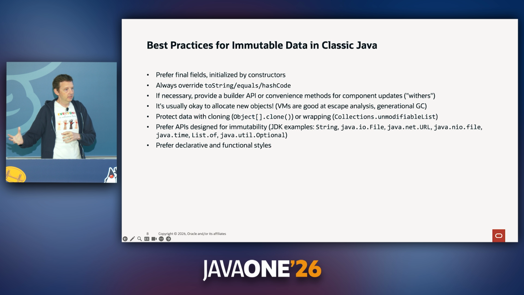There's other examples like java.util.Date that were designed to be mutable. So it wasn't all good API design, in my opinion, but there's a lot of good examples. More recently, java.nio.file, java.time, the immutable list constructors, java.util.Optional. These are all things, sort of basic building blocks, that build on immutable data.